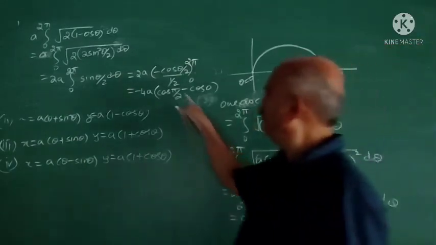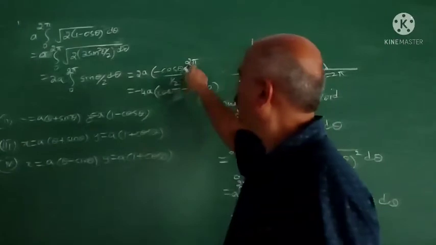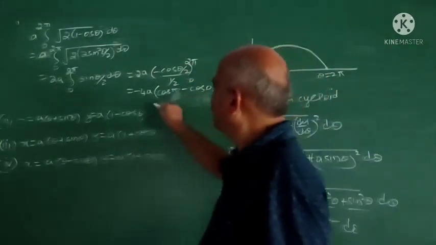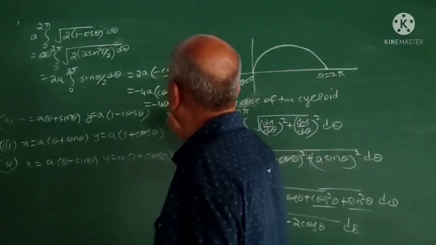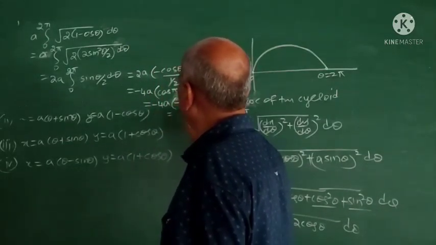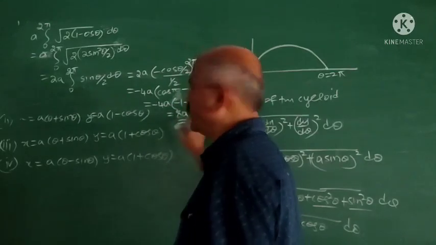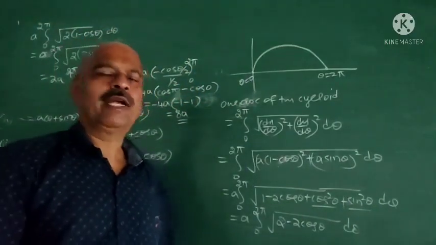So it is 2 pi by 2, which is pi. Minus cos 0. So minus 4a into (minus 1 minus 1). The minus cancels, and 4a into 2 is 8a. This is the length of one arc of the cycloid.